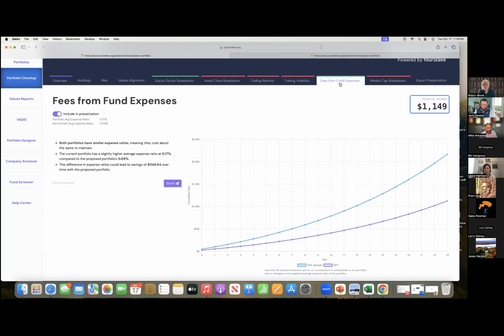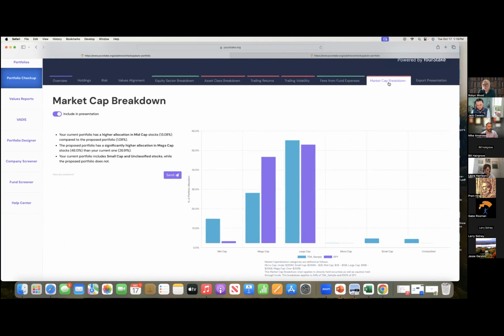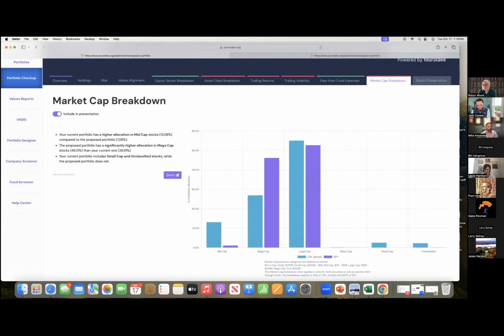Well, technically it's not free, right? If they've got funds, they've still got some underlying expenses in there. So this graph is really nice to be able to show those differences. Then the market cap breakdown, and then I'll export the presentation here in just a moment.